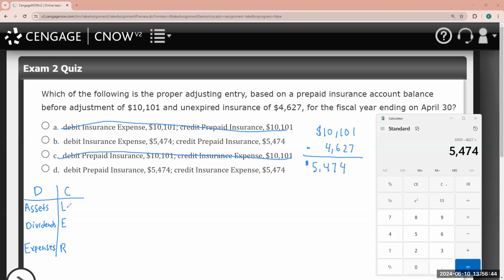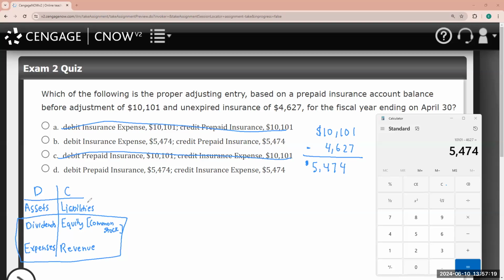Now for our credit side, our liabilities, our E, which is for our equity, more importantly, our common stock, is increased with a credit, as well as our revenue accounts, right? And then we can make it even easier. We know assets equals liabilities plus our stockholders' equity.